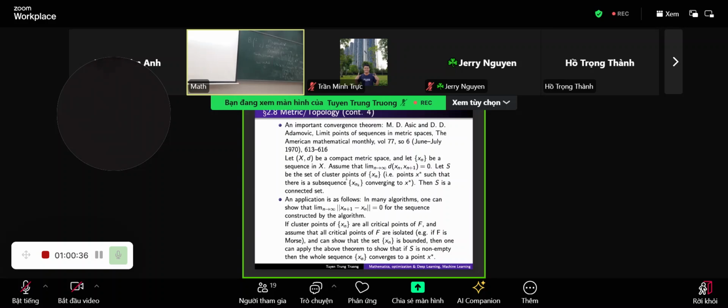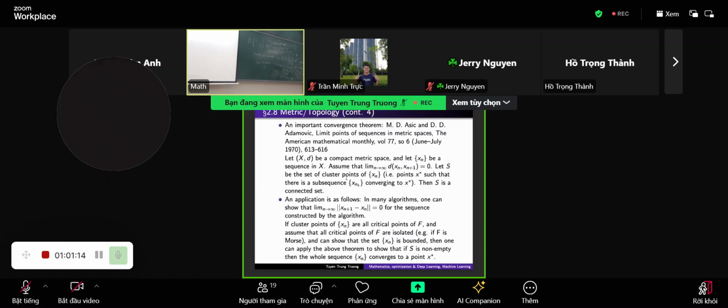First of all, you can assume that the sub-level sets are compact. If your optimization method has the property that the value of the next point is smaller than the value of the point before it, then because the sub-level set is compact, all the x_n will be contained in a compact set, which is the set of points x such that f(x) ≤ f(x0), where x0 is the point you started with.